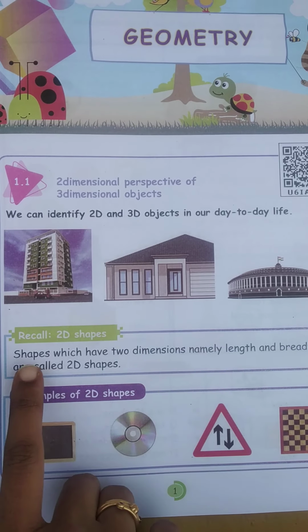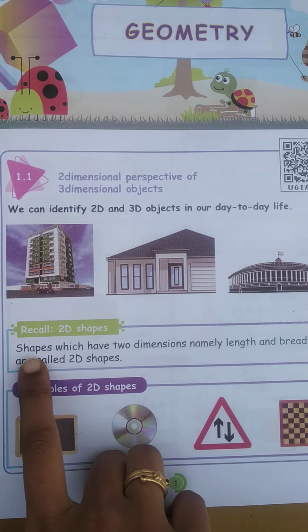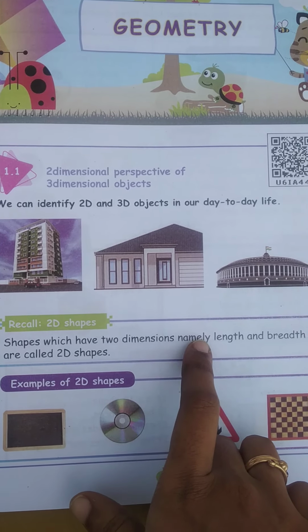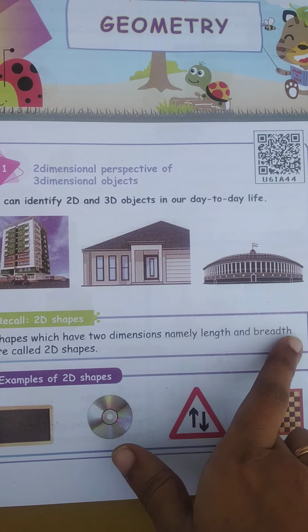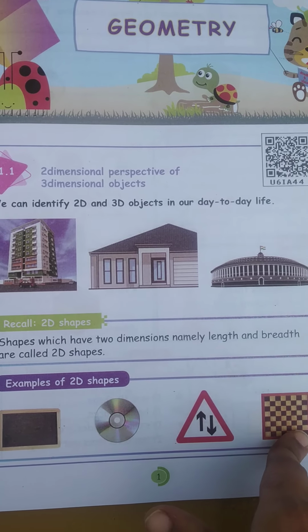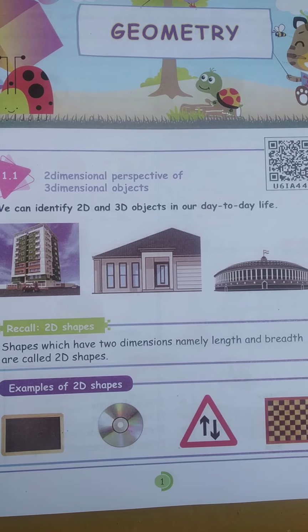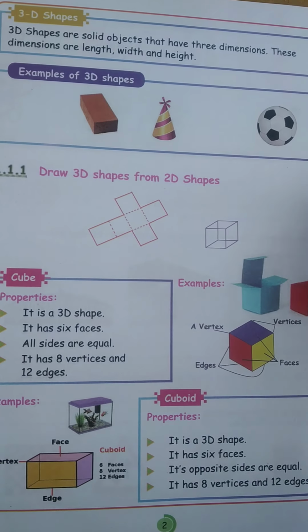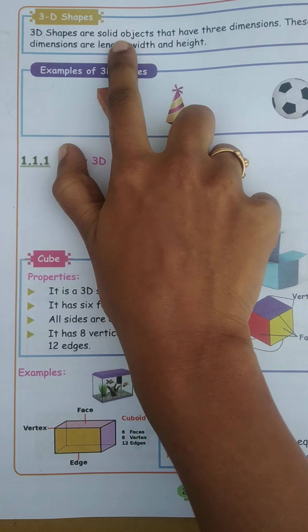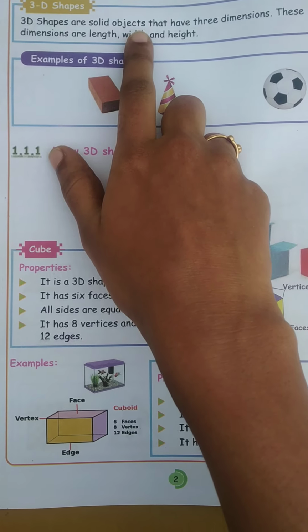Okay, so recall 2D shapes. Do you know about 2D shapes? Yes or no? Shapes which have two dimensions, namely length and breadth, are called 2D shapes. Do you know what 2D shapes you have? Yes. Now 3D shapes. 3D shapes are solid objects. You know that very well.